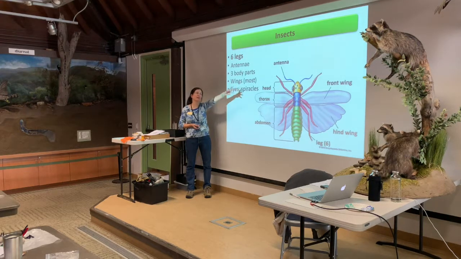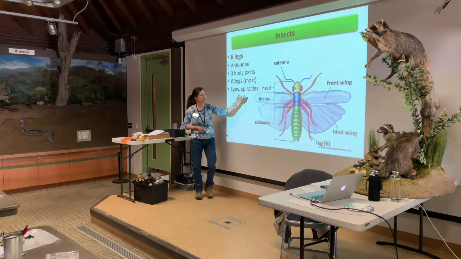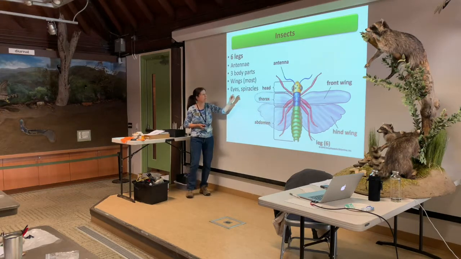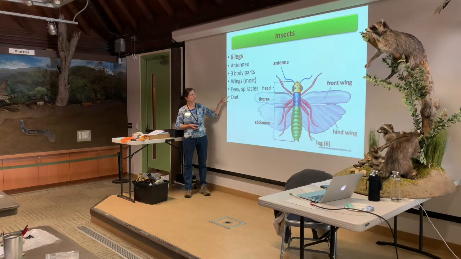Eyes. They can have a varying amount and different types of eyes. Spiracles, which I'll show you in another slide, are little openings on the side of the body. And we're going to take a look at their diet, because their diet is a good diagnostic. What it's eating kind of tells you more about what type of insect it might be.